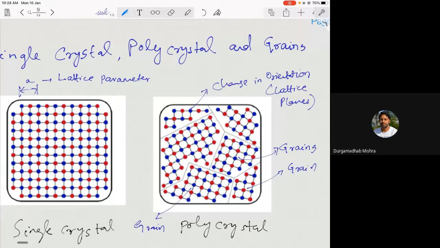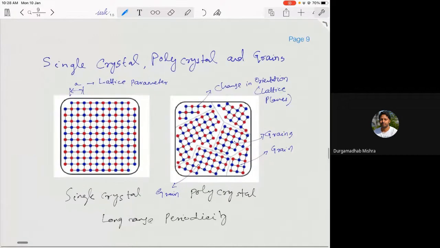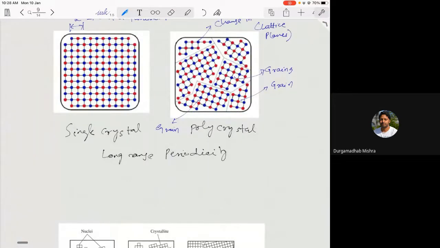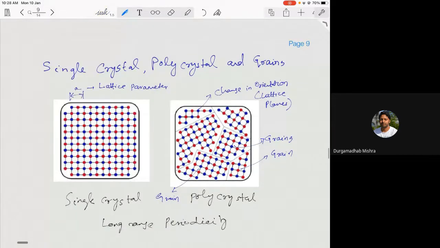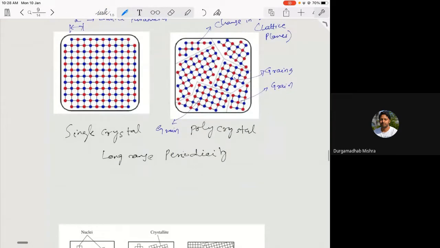Typically the grain size would be in the range of a few micrometers, and it can go up to maybe a few hundred micrometers.